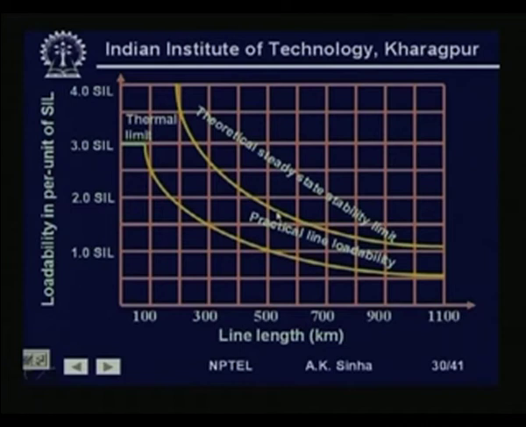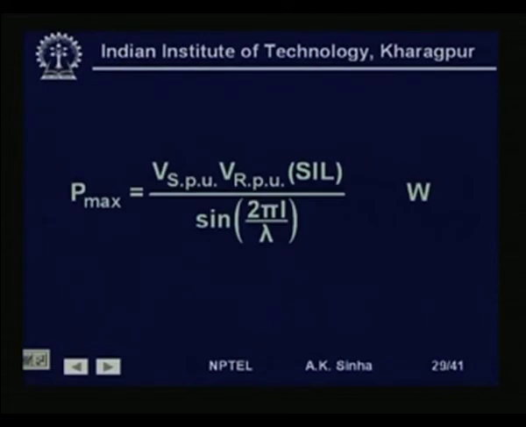That is, we can see that the value of P max is going to depend on Vs, Vr. If you increase Vs and Vr, then the maximum power transfer will increase, and if you increase L, your maximum power which can be transmitted will reduce.